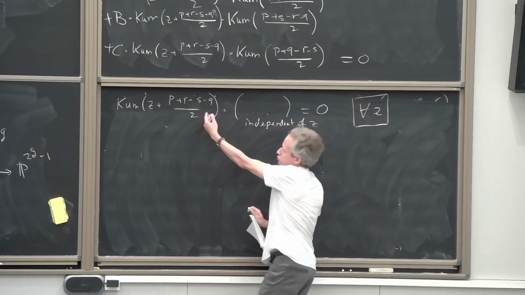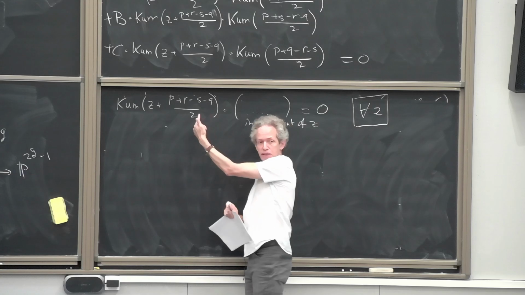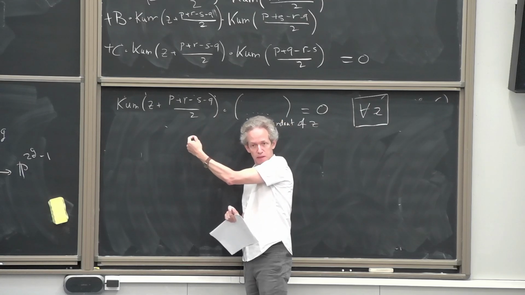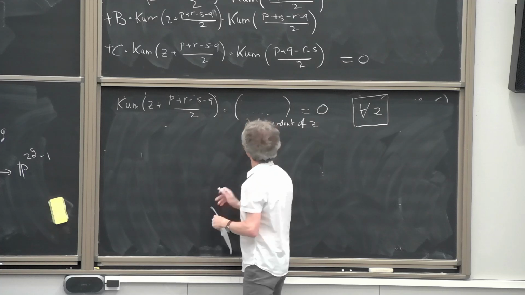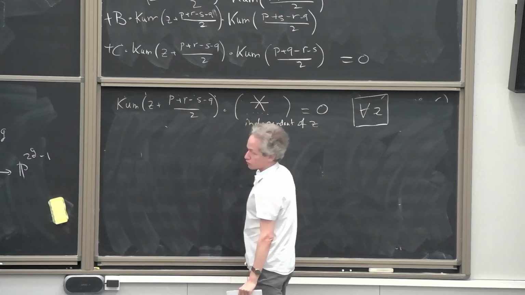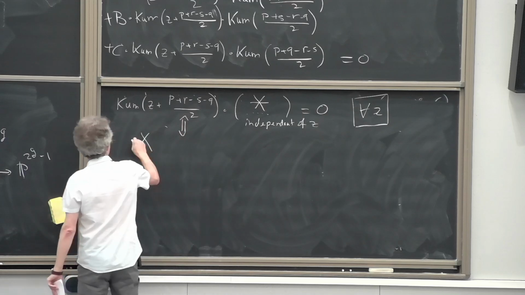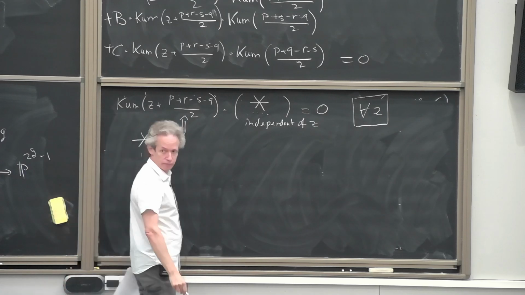But these guys, well, shifted, doesn't matter, are a basis of sections of 2 theta. They are linearly independent. They don't satisfy any linear relations. So this is equivalent to saying that this stuff is 0.